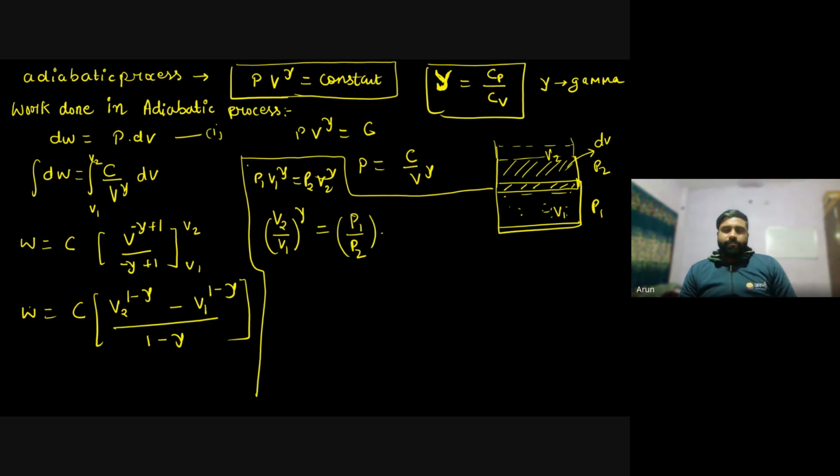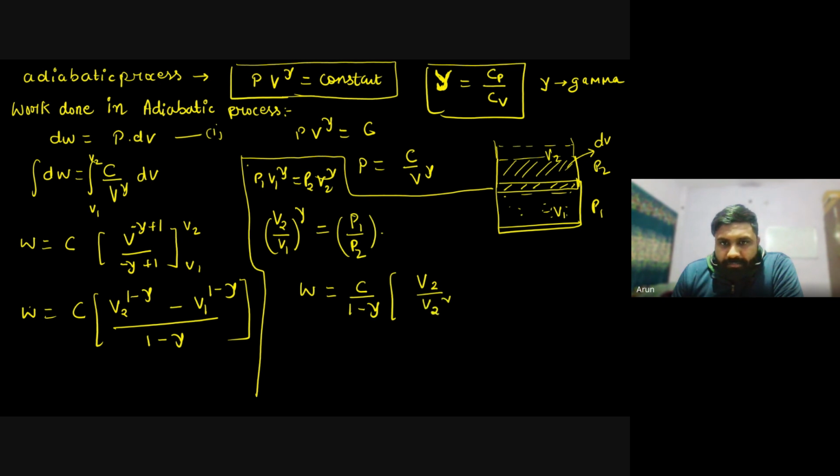Now, work done here will be C upon 1 minus gamma, and if you take V2 by V1 raised to the power gamma as a common, that is possible because it is V2 over V2 raised to the power gamma minus V1 over V1 raised to the power gamma.